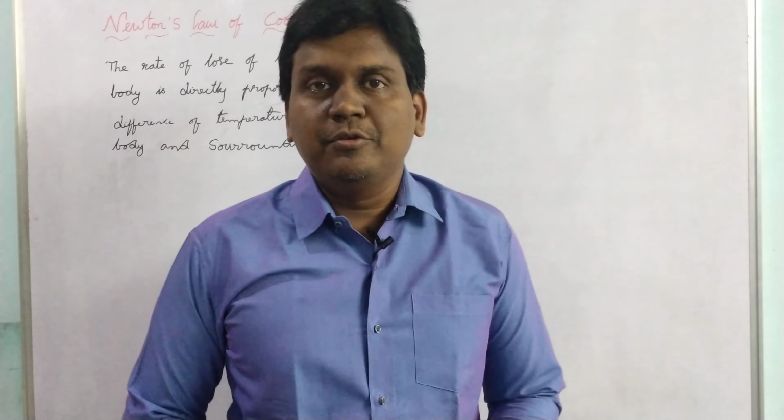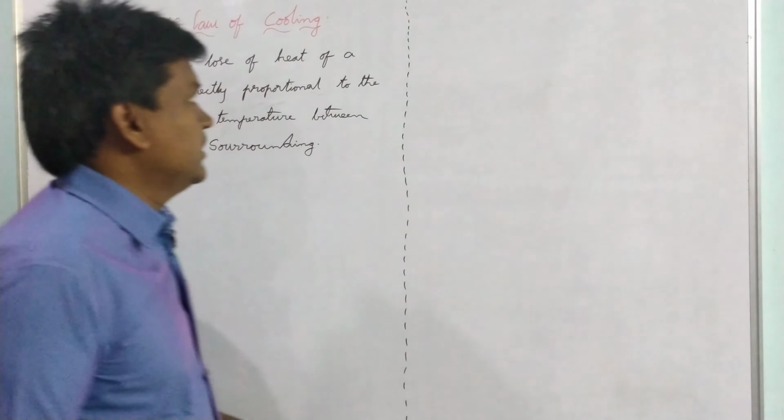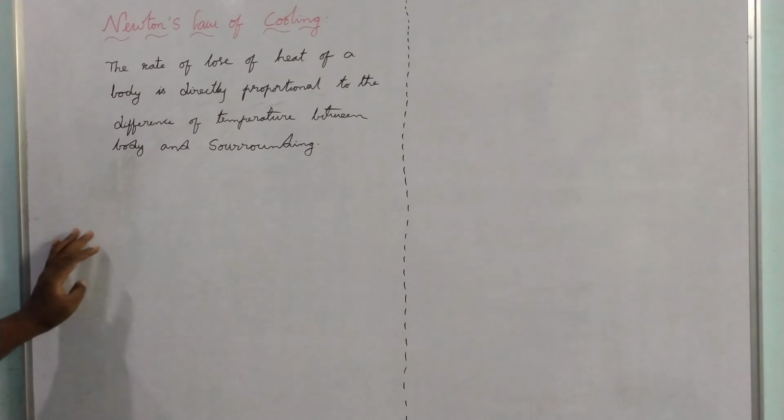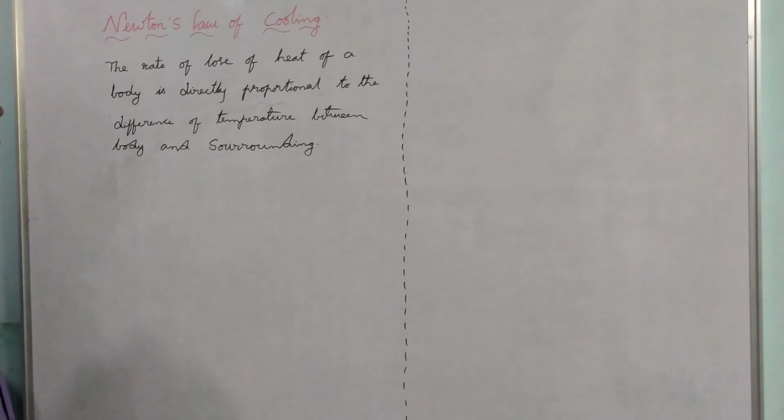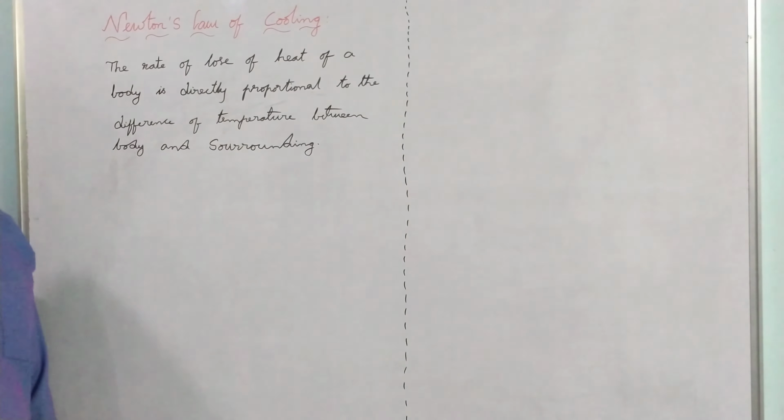This was first introduced by Newton. The statement of Newton's law of cooling: the rate of loss of heat of a body, so the hot body will lose its heat, is directly proportional to the difference of the temperature.